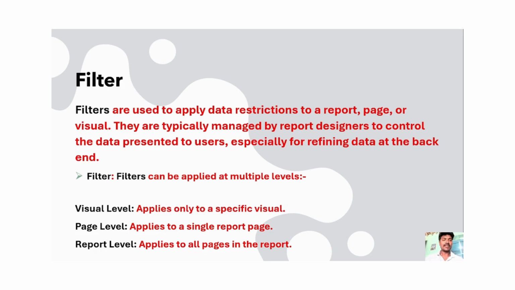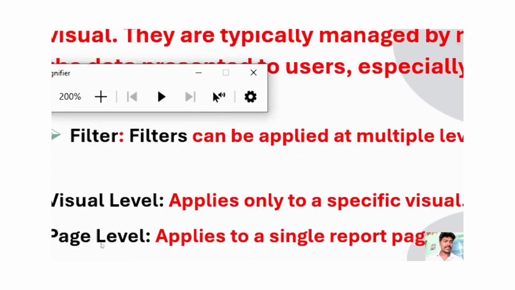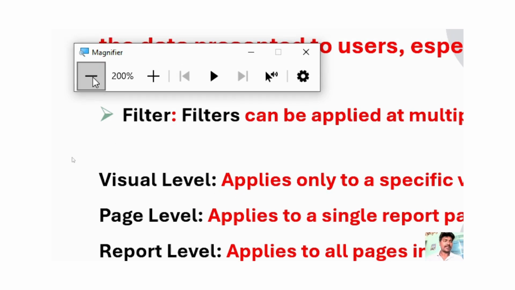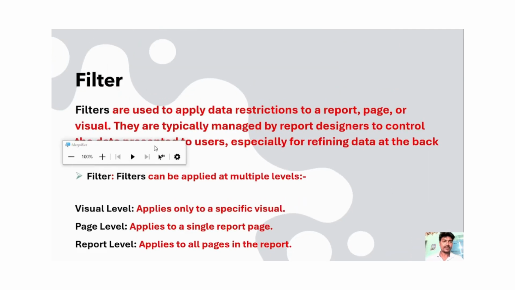Filters are mainly of three types: visual level filter, page level filter, and report level filter. These three are available in Power BI.